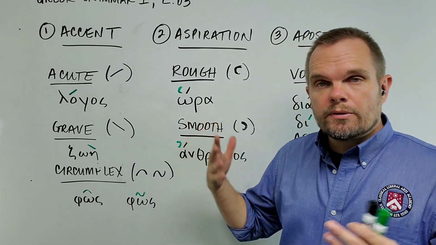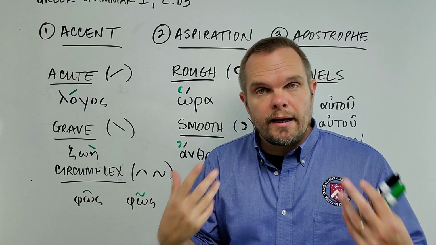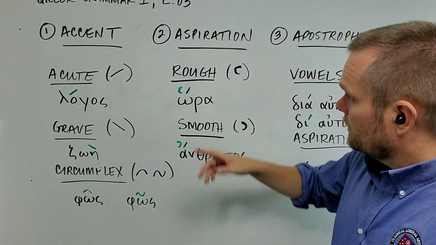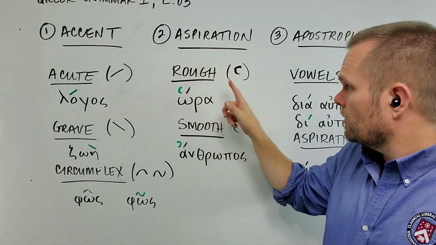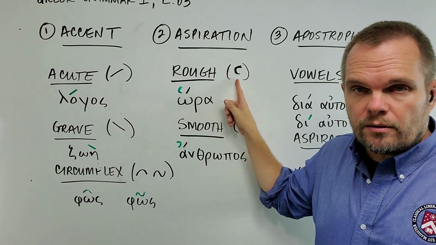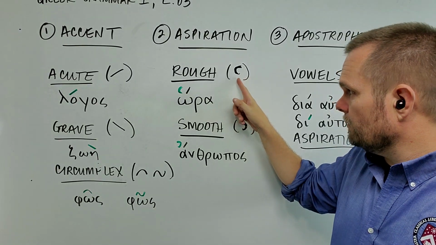In Greek, there was no letter to represent that sound of aspiration, because aspiration is marked in Greek with a symbol. It's not a separate letter like in English and Latin.